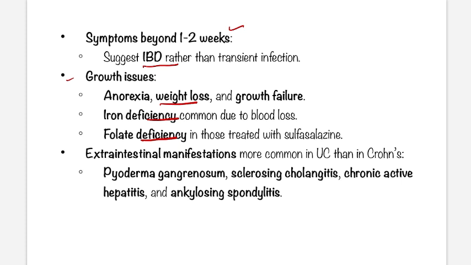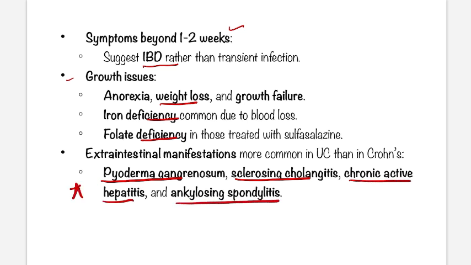Extra-intestinal manifestations are generally more in Crohn's disease. But what are the extra-intestinal manifestations which are more in ulcerative colitis? Pyoderma gangrenosum, sclerosing cholangitis, chronic active hepatitis, ankylosing spondylitis.